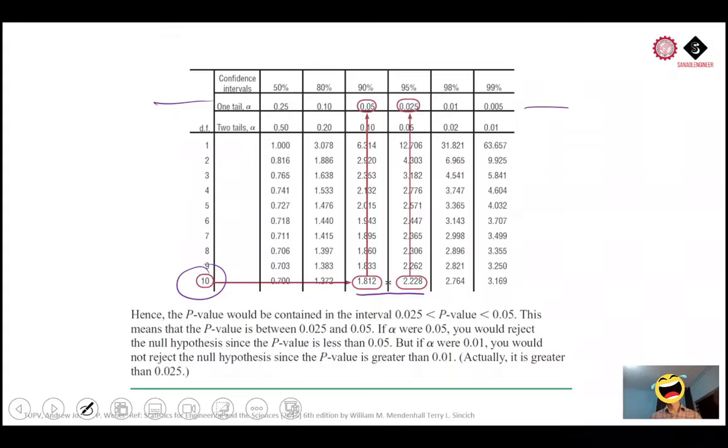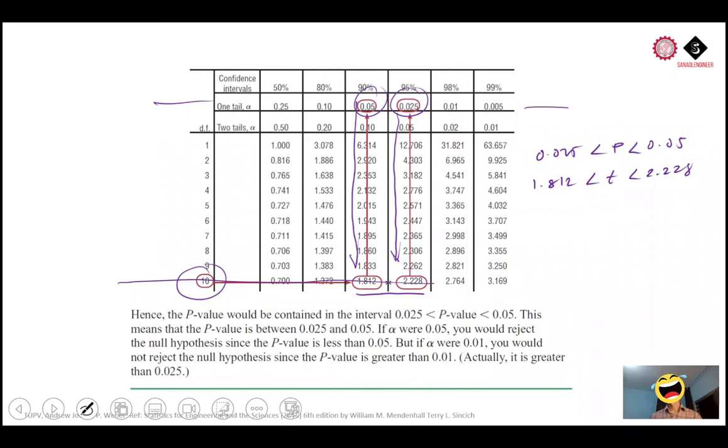So that's 0.05 and 0.025. Once you intersect these 2 points to this line, we get 1.812 and 2.228. Therefore, the p-value is within 0.025 and 0.05. And also the value of t is within 1.812 and 2.228.